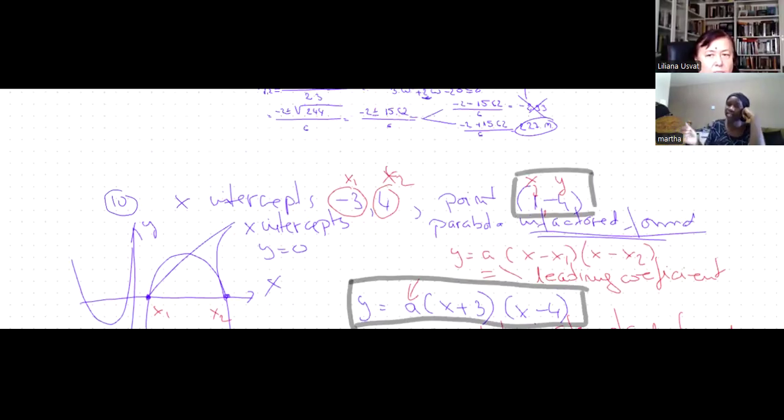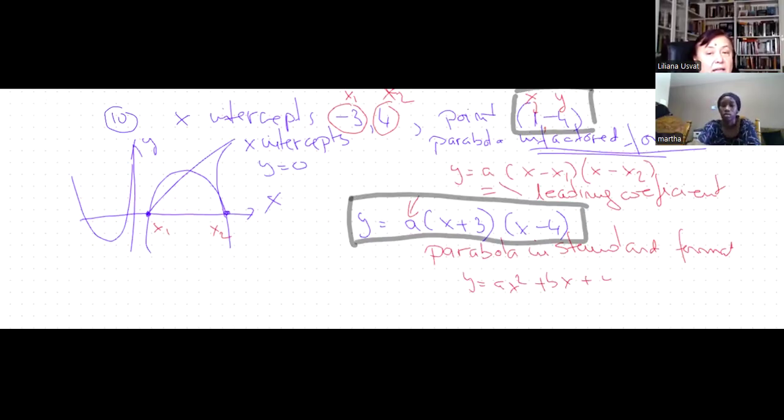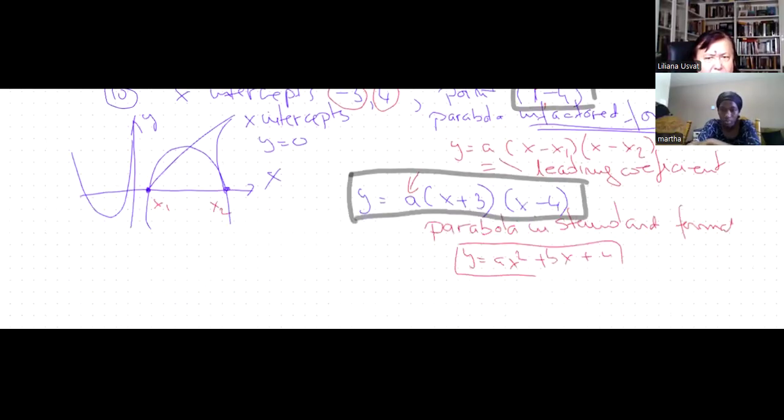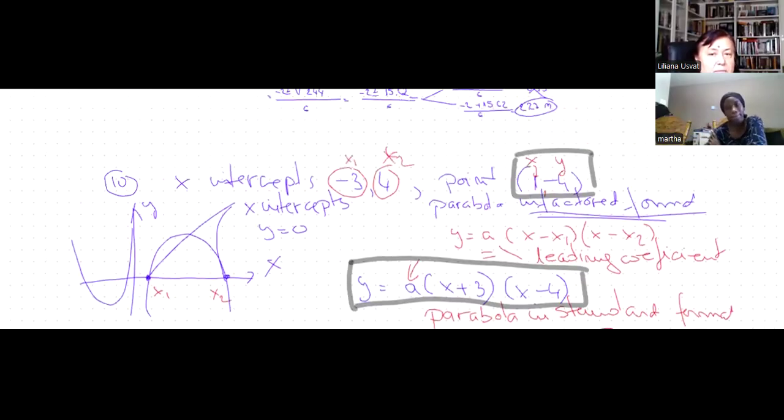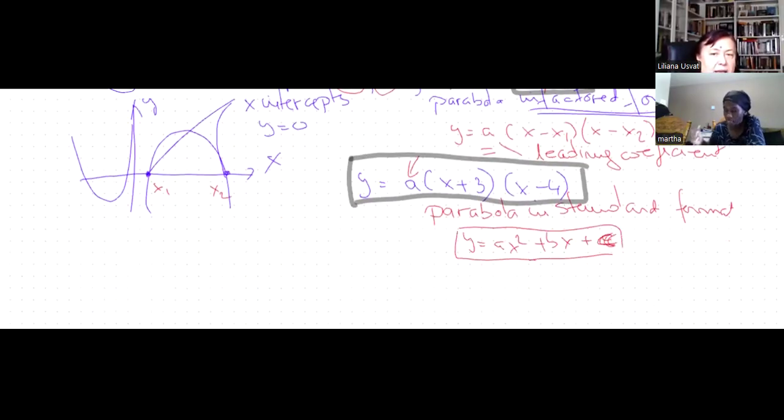What is c? We are going to find it after we expand. So x is 1, y is -4.